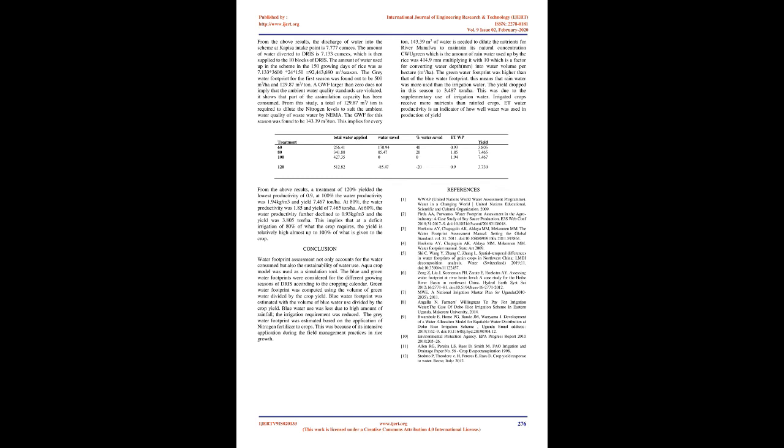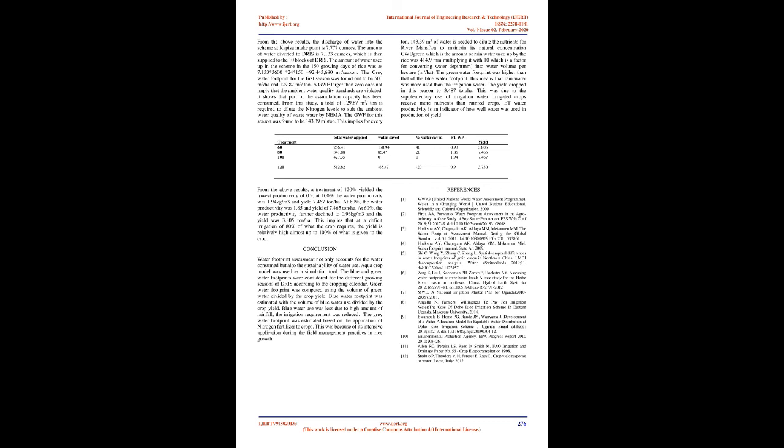Water productivity is an indicator of how well water was used in production of yield. From the above results, a treatment of 120% yielded the lowest productivity of 0.9. At 100% the water productivity was 1.94 kilograms per cubic meter and yield 7.467 tons/ha.